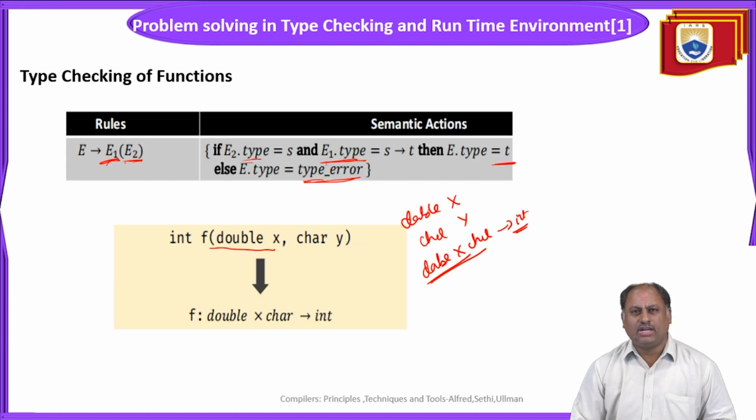And type checking of functions is also described. In these notations we describe how types are assigned, that is, expression type matching: for the assignment, the expression of type E1 and the expression of type E2 are compared, and the result of the comparison can be written within curly braces.